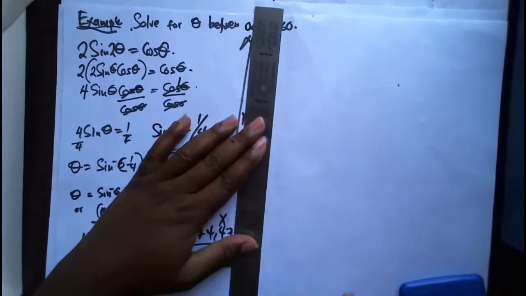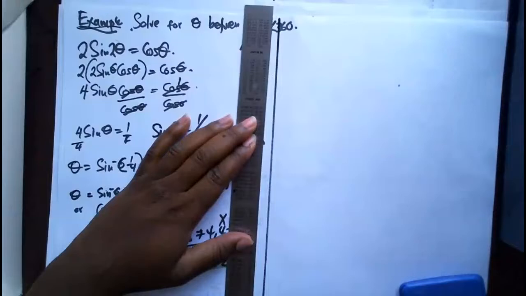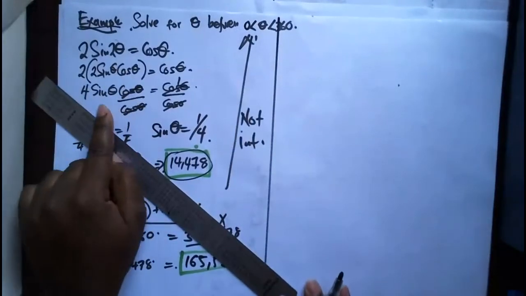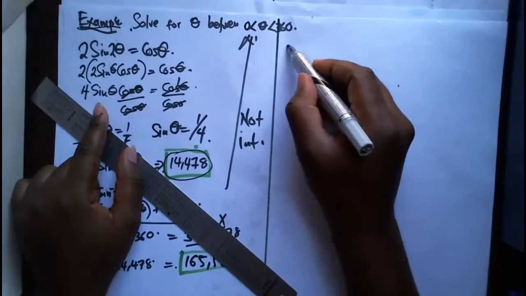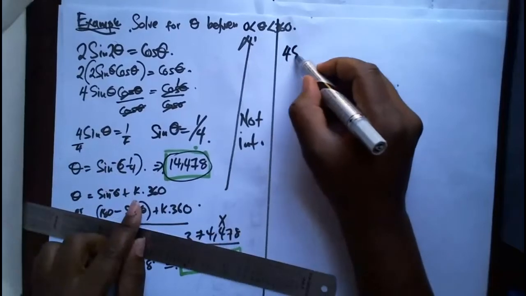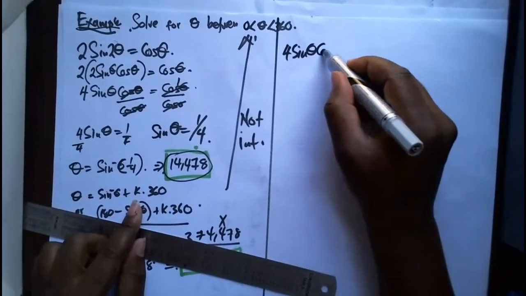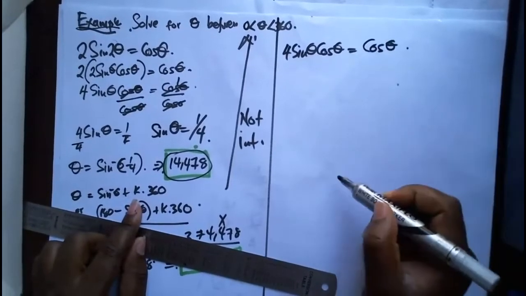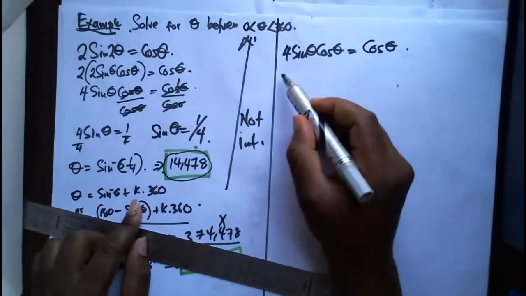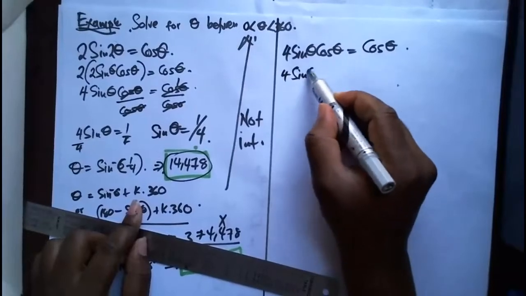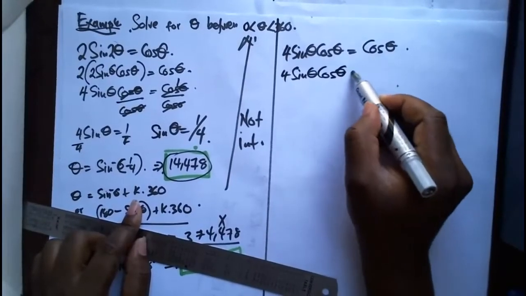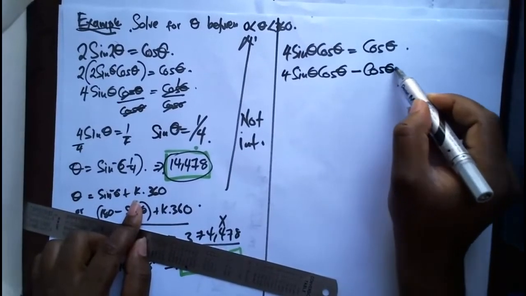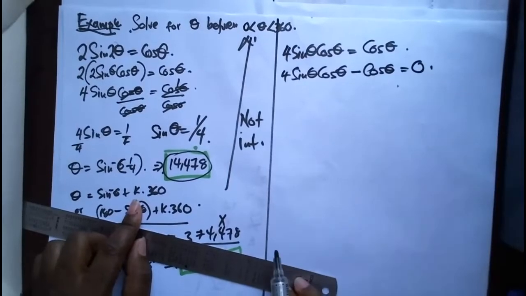So the best way to get all solutions is to factorize. So I have 4 sine theta cos theta is equal to cos theta. Then I can take it to this side. So it gets 4 sine theta cos theta minus cos theta is equal to 0.